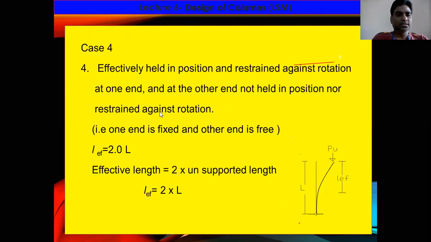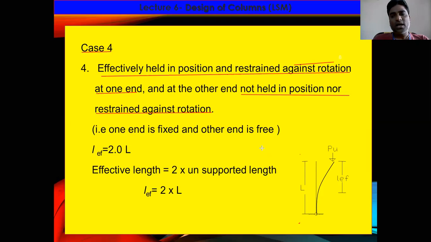The next case is case 4, that is, effectively held in position and restrained against rotation at one end. That means one end is fixed. The other end is not held in position nor restrained against rotation. You need to remember the terminology carefully, because while solving a problem, they will give the support condition like this.